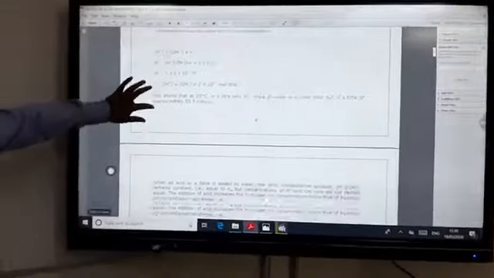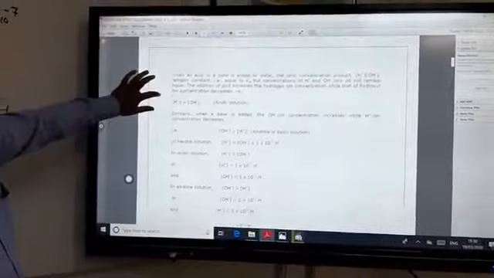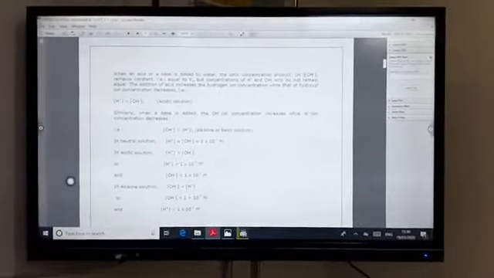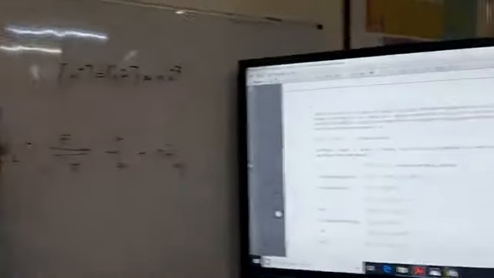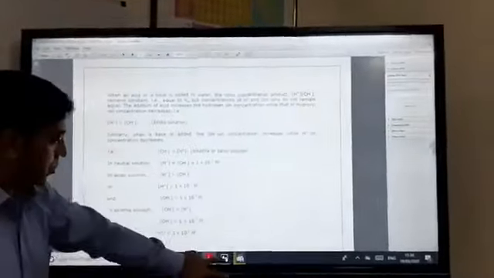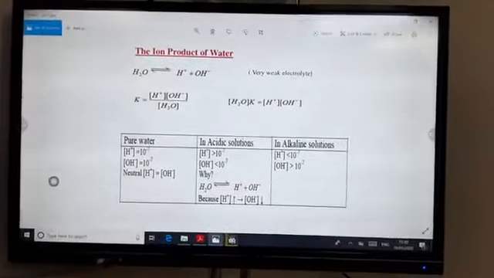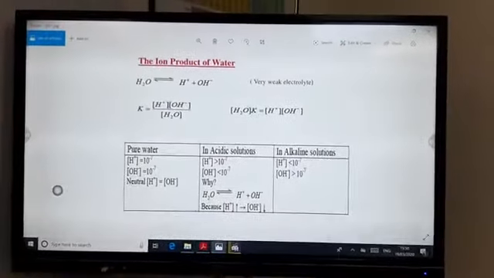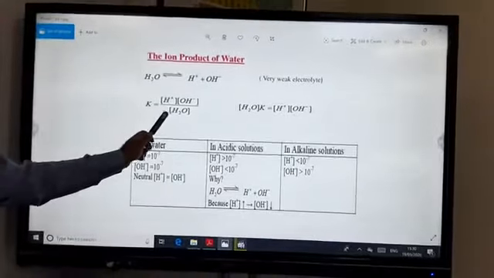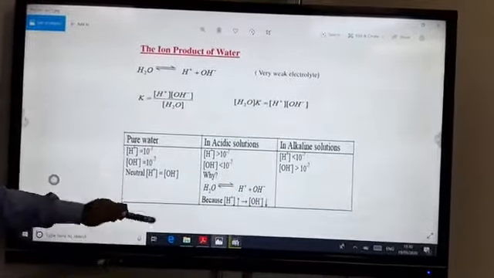Now, next, as I wrote and explained before regarding acidic and basic, I want to show you that the ionic product of water will dissociate and then we write Kw as we did before.